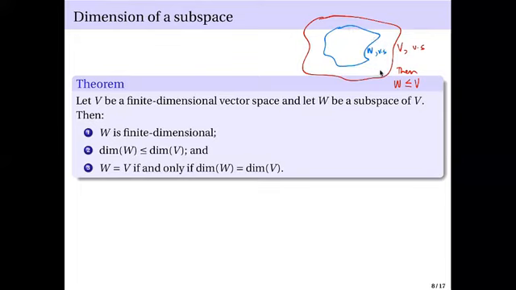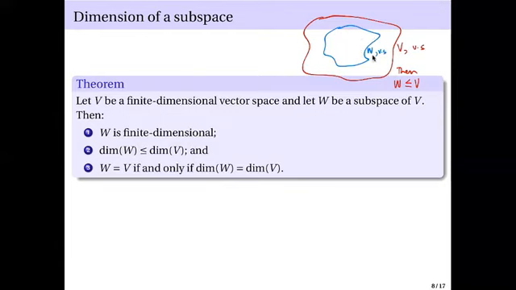Now if the bigger vector space is finite dimensional, then the smaller one, the subspace inside that bigger vector space, will also be finite dimensional. So V is finite dimensional, and the smaller one will also be finite dimensional.